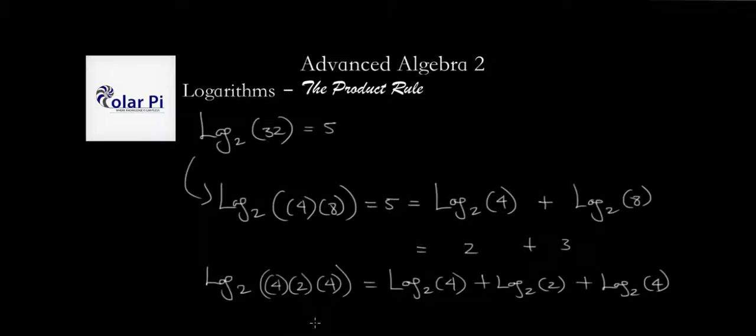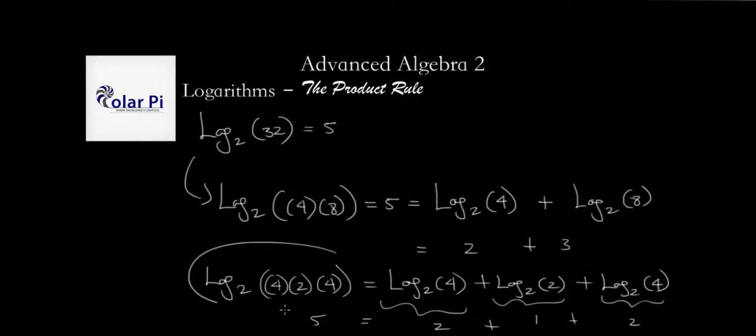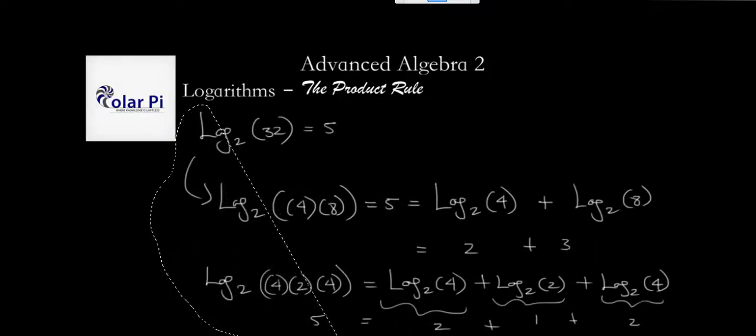Is this still true? Yes. This is 2. This is 1. And this is 2. And 2 plus 1 plus 2 is still equal to 5. And this is still log base 2 of 32. Okay, cool.